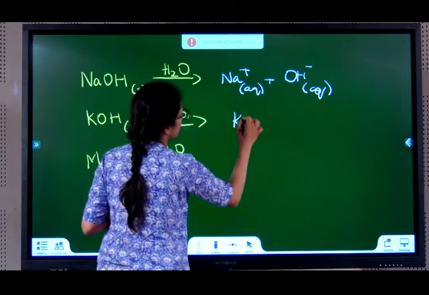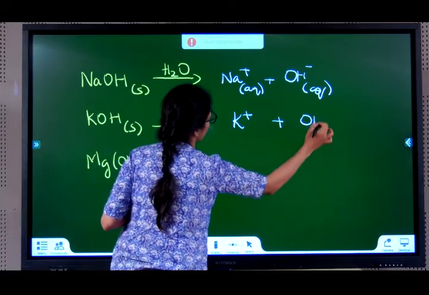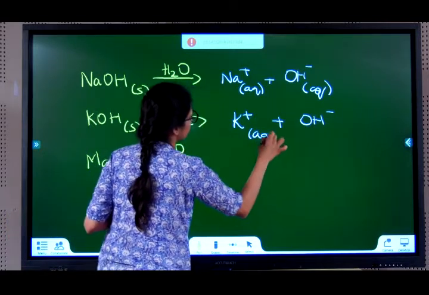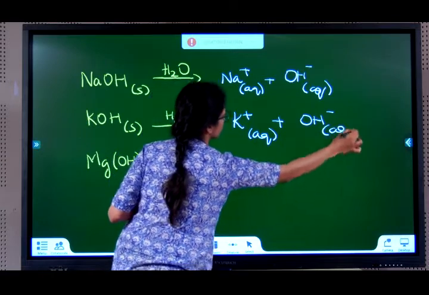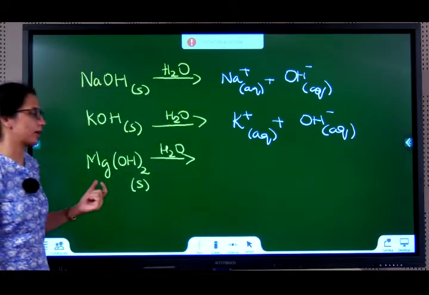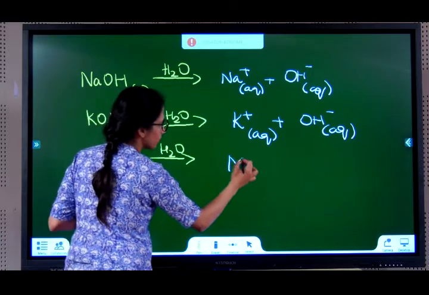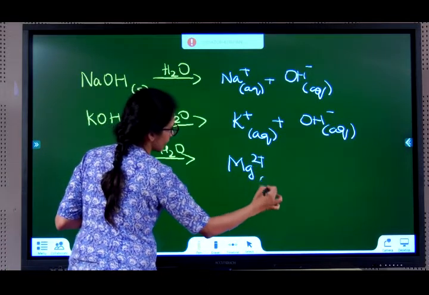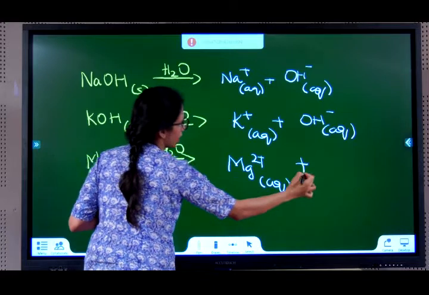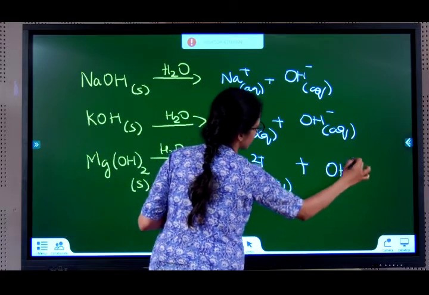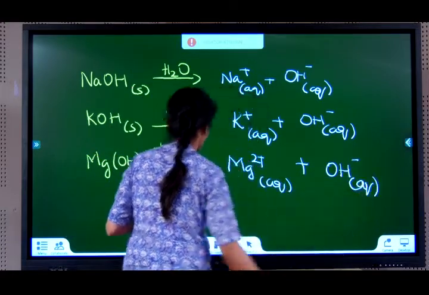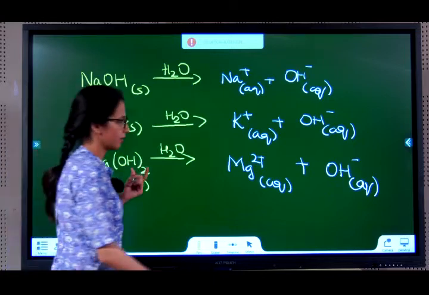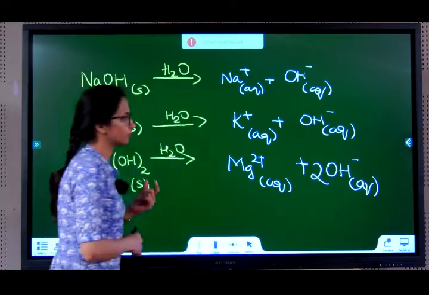KOH gives K plus aqueous state, OH minus aqueous state. Mg(OH)2 gives Mg2 plus aqueous state and OH minus aqueous state. There are two OHs here, so this becomes 2.